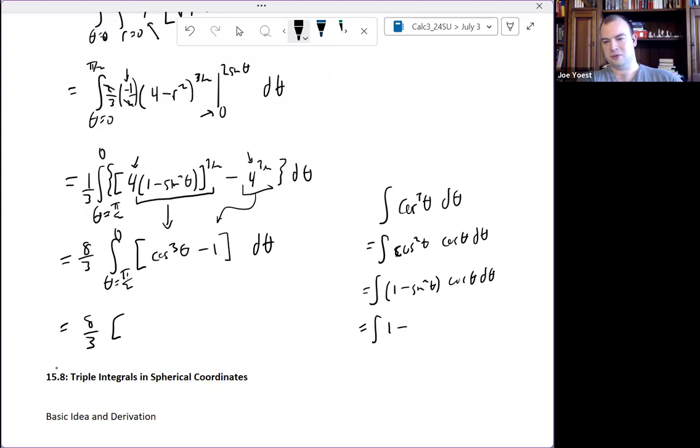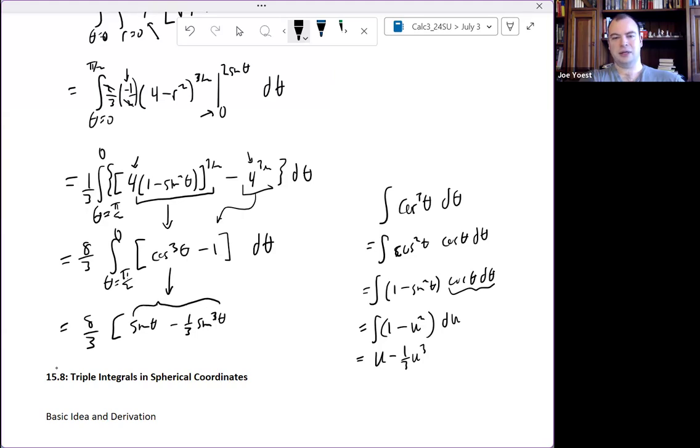This gives me the integral of 1 minus u squared du. Derivative of sine is just regular cosine, so no sign changes or anything here. This is u minus 1/3 u cubed, where u is sine theta. So that is what cos cubed theta integrates to.